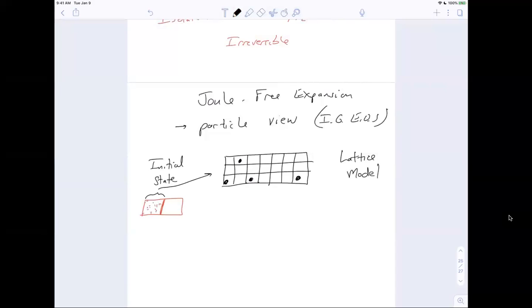And we'll say that capital N is equal to the number of total sites, and little m is equal to the number of particles. So these are the gas particles that we have.